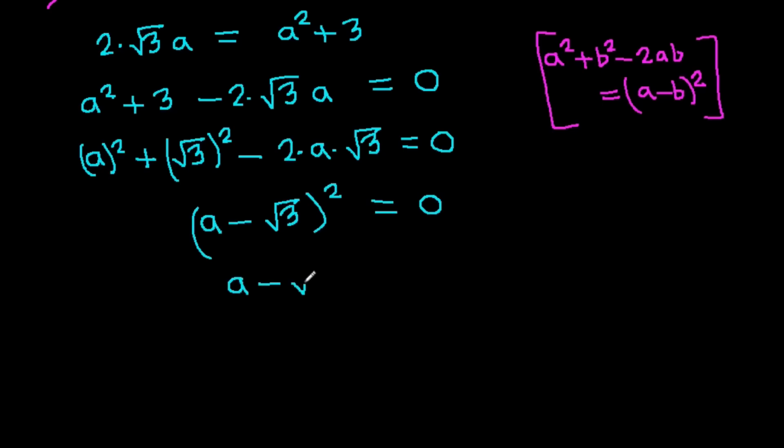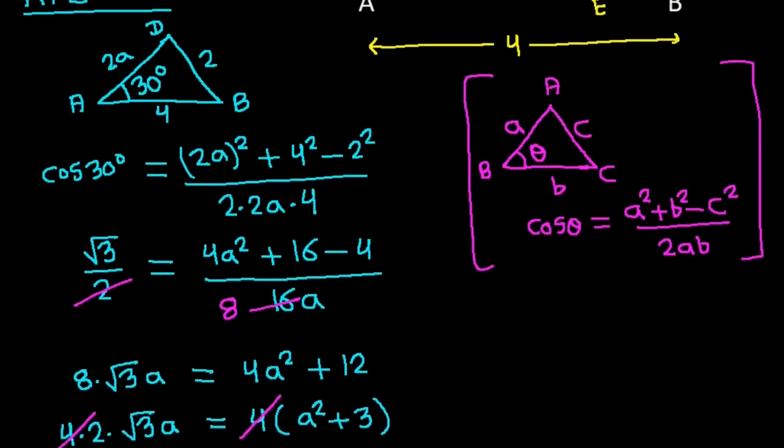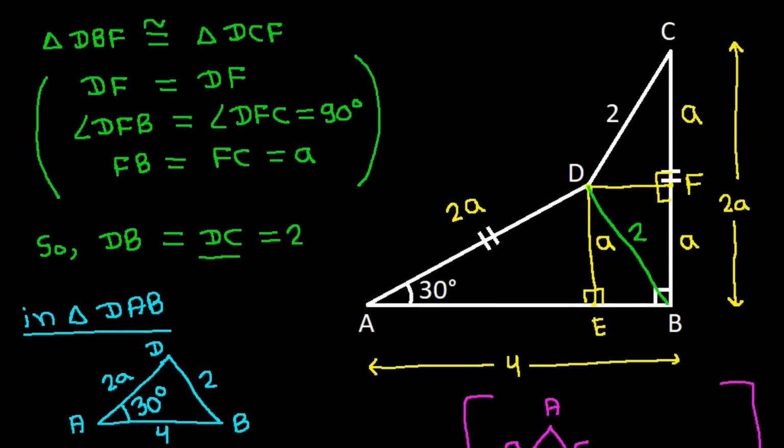So a minus square root of 3 will be 0, and a will be equal to square root of 3. So we get a is square root of 3.